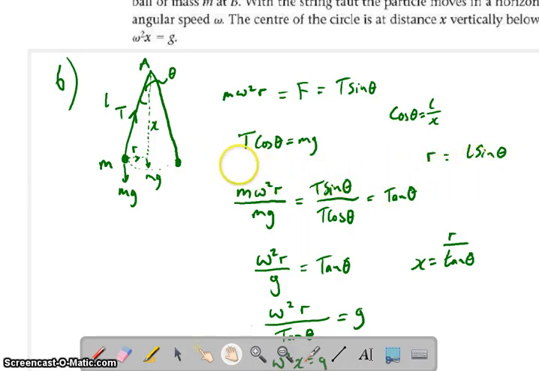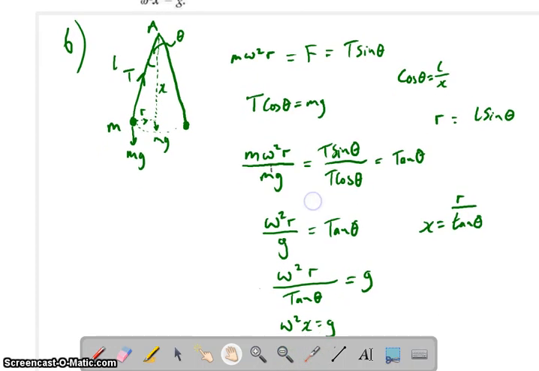So, putting everything together, we have that m omega squared r divided by mg is equal to T sin theta over T cos theta. Now the T's will cancel to leave us just with tan theta, and we're going to be getting rid of the masses and getting just a term that's quite simple.